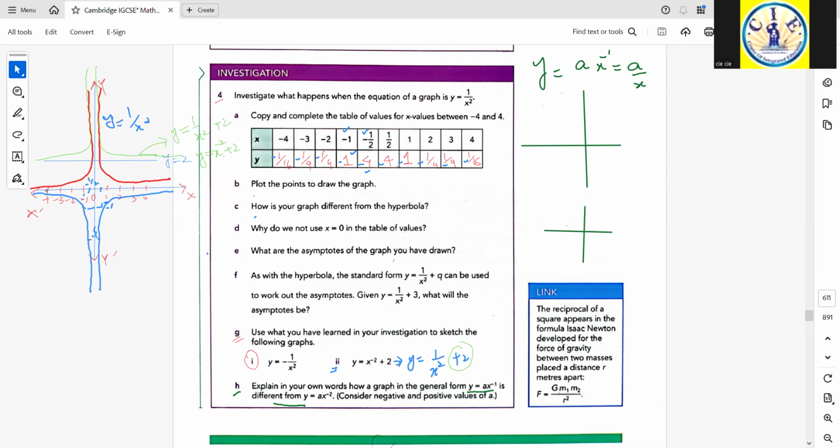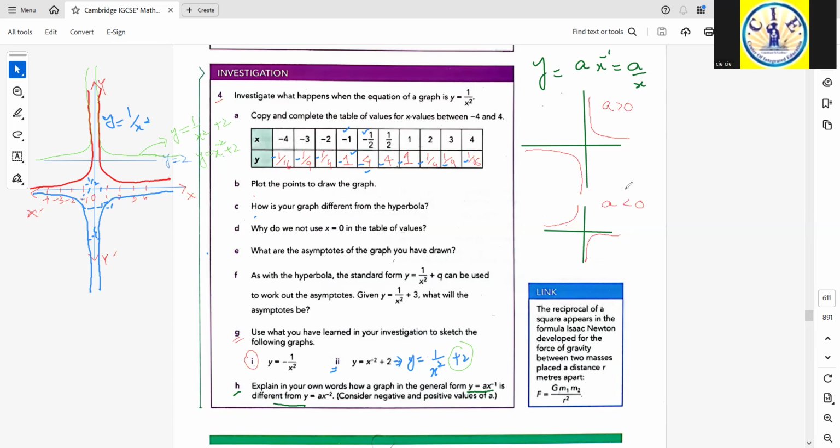The graph is in the first quadrant and in the third quadrant when a is greater than 0, and it's in second and fourth quadrants when the value of a is less than 0.